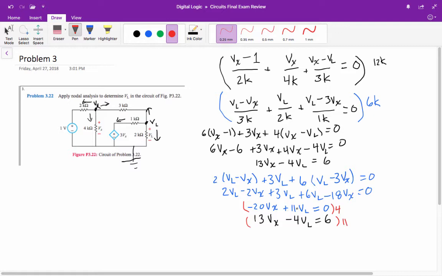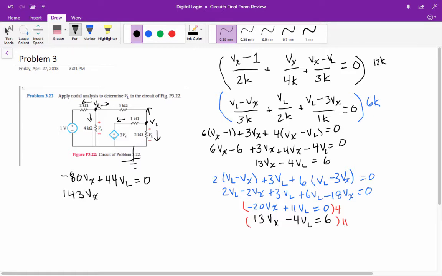So then we'll have plus 44 here and minus 44 here, and so those will cancel out. And so our top equation, we multiply through by 4, gives us minus 80Vx plus 44VL equals 0.